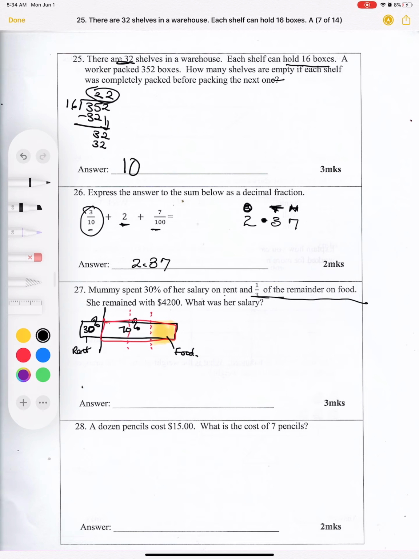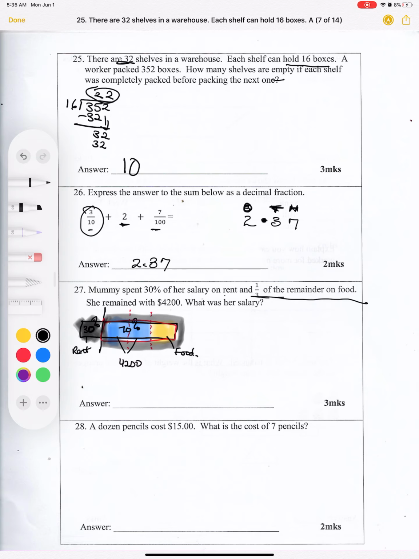She remained with $4,200. What portion is left after she has done that? This portion is left here, and it represents 2/3. Not 2/3 of the whole. Hold up. 2/3 of the remainder. So we're talking about this part here, 2/3 of this. She remained with $4,200.